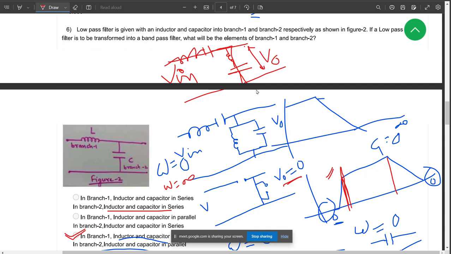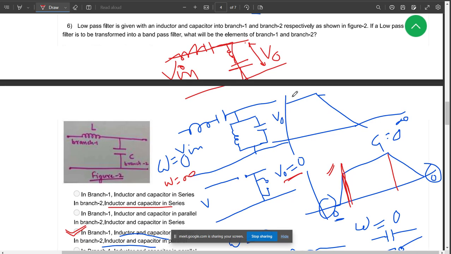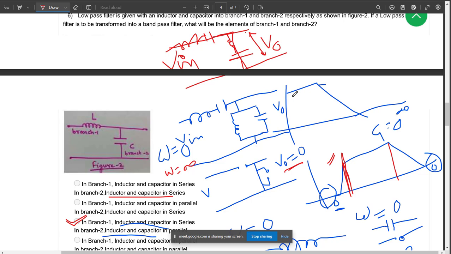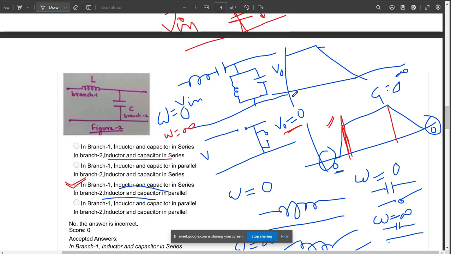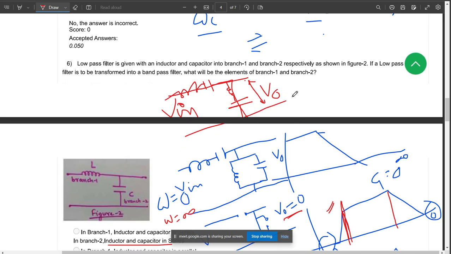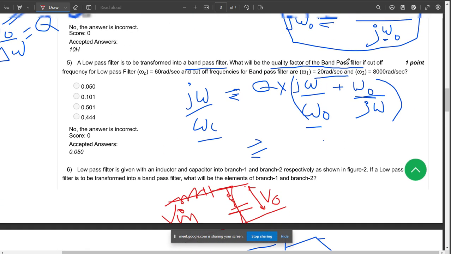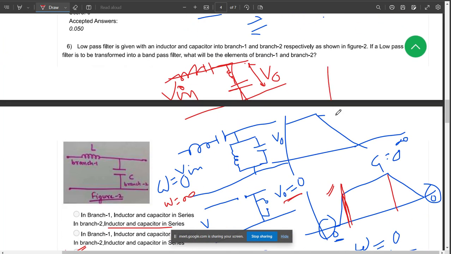We also don't want it to be short circuit anytime. Here we want a band pass filter. We want it to filter. We don't want it to pass properly.